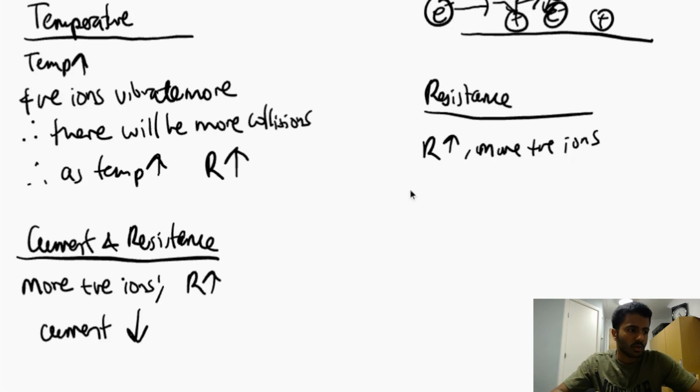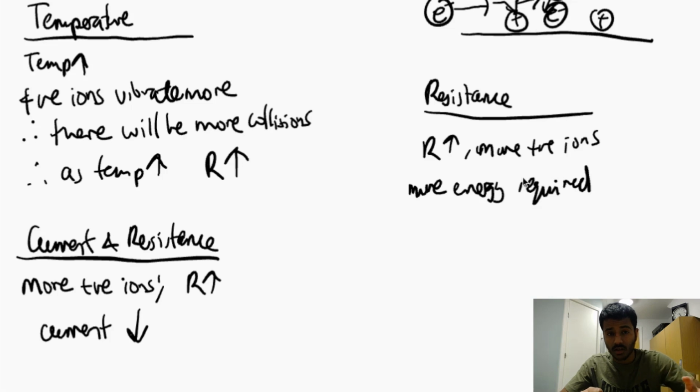So you need more energy required. In that way, the voltage increases. So as resistance increases, the voltage required to maintain the same current or the same amount of flow of charge is greater.